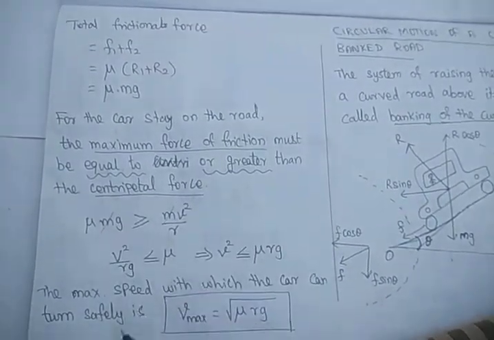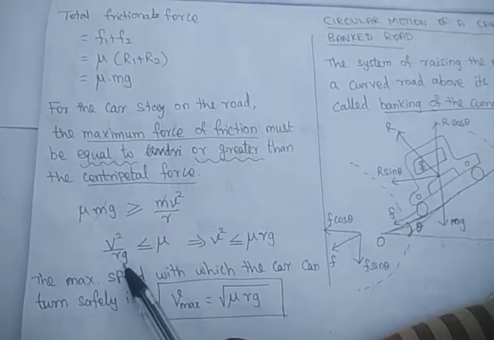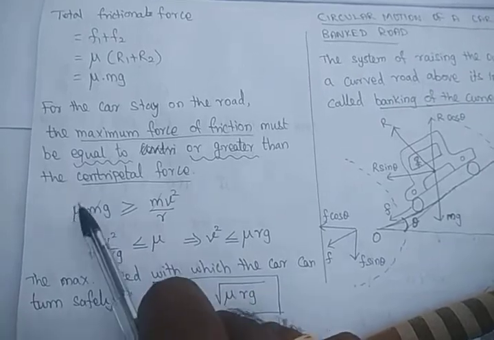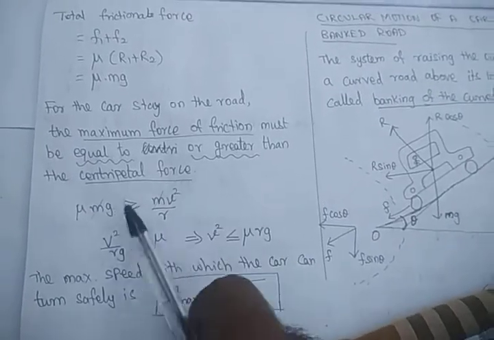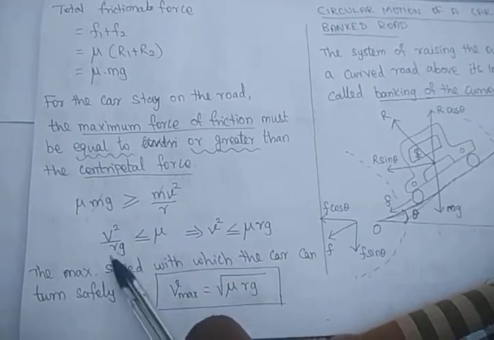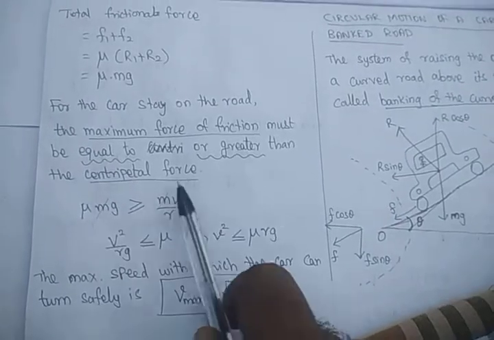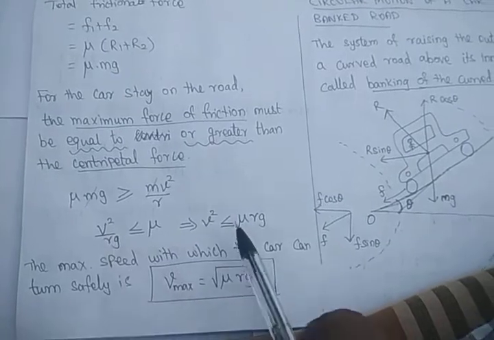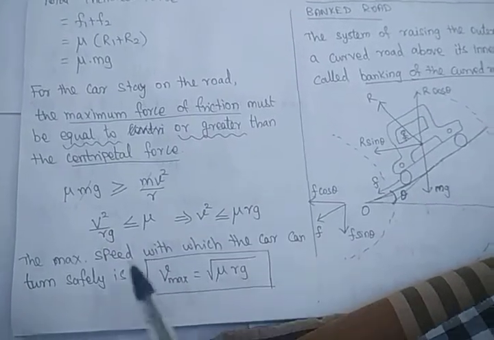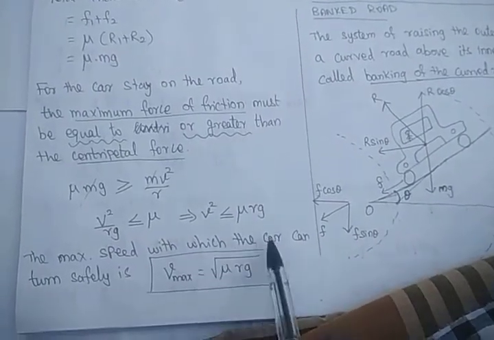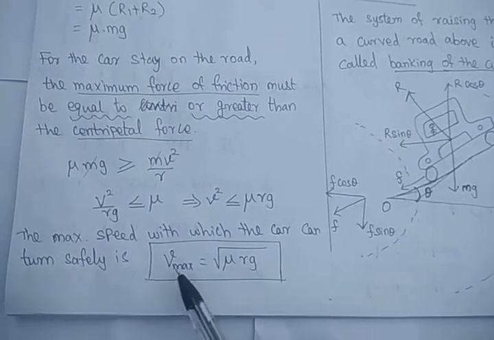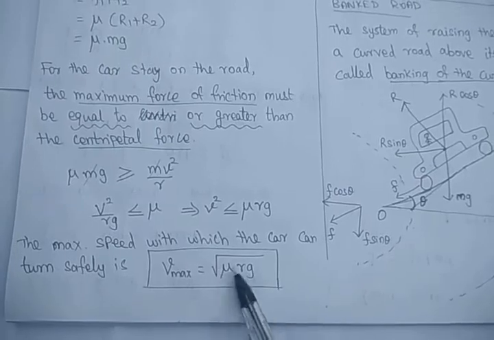The m cancels. Then v squared by rg is less than or equal to mu, so v squared is equal to mu rg. The maximum speed with which the car can turn safely is v max equals root of mu rg.